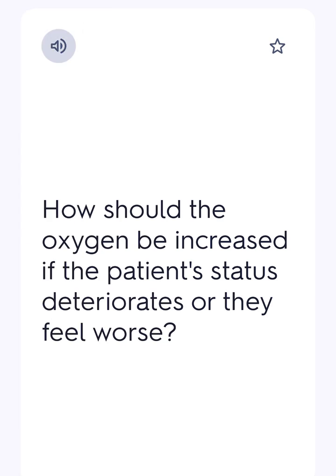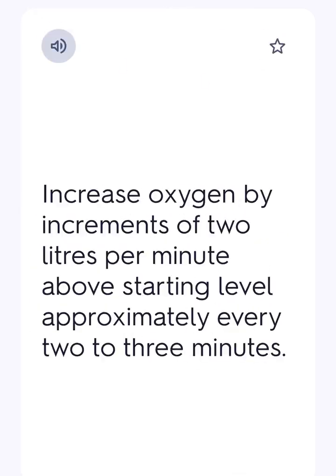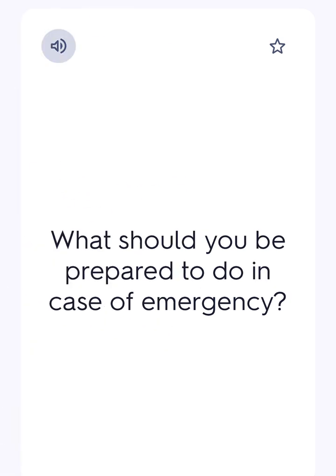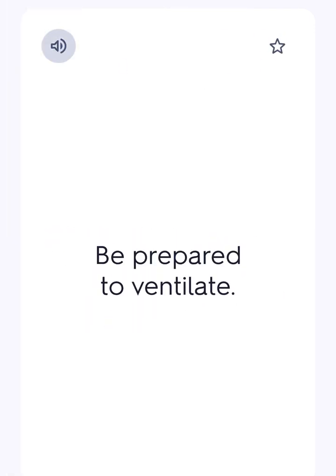How should the oxygen be increased if the patient's status deteriorates or they feel worse? Increase oxygen by increments of 2 liters per minute above starting level approximately every 2 to 3 minutes. What should you be prepared to do in case of emergency? Be prepared to ventilate.